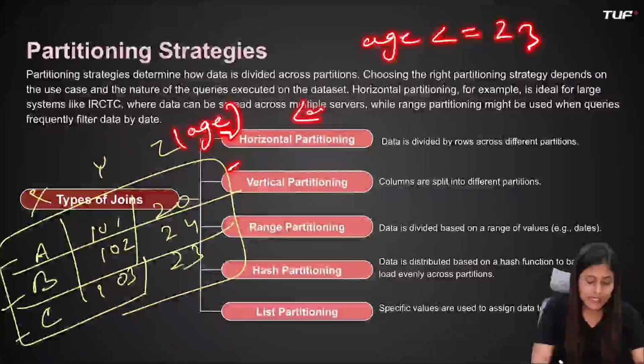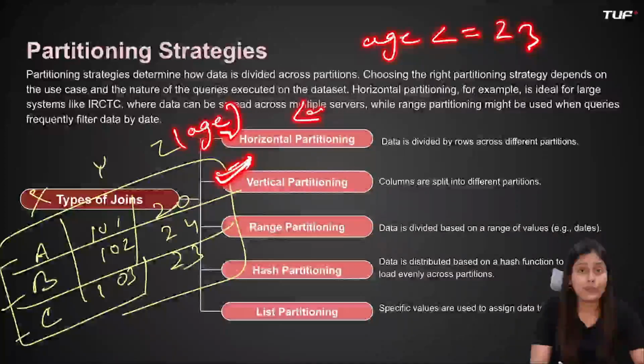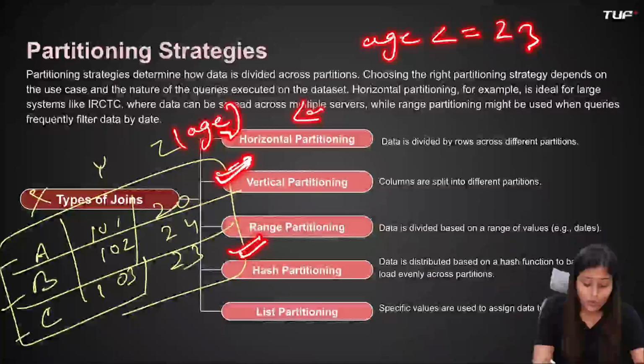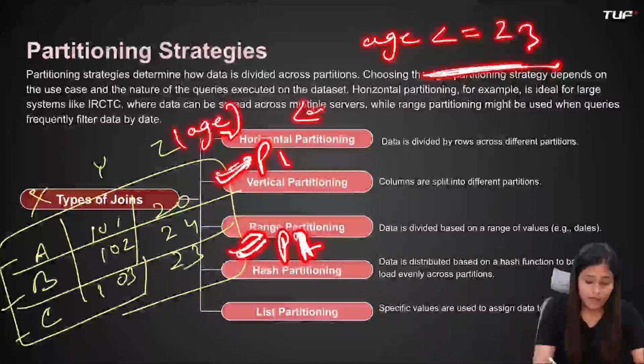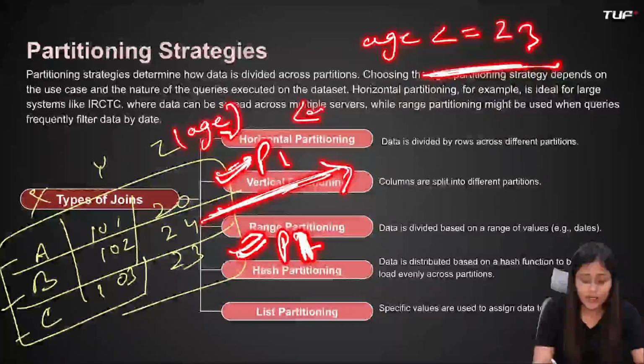In that case, the first row, with age 20, and the third row, with age 23, fulfill the condition, so they go in partition 1, right?